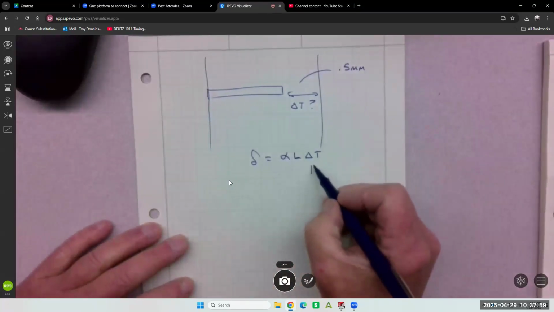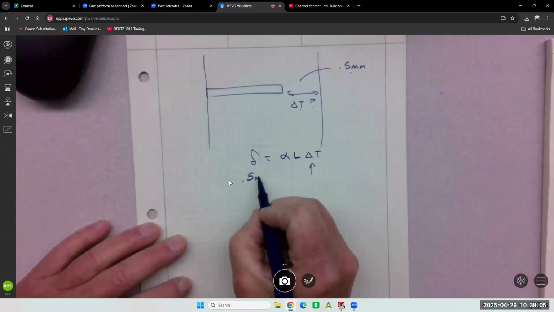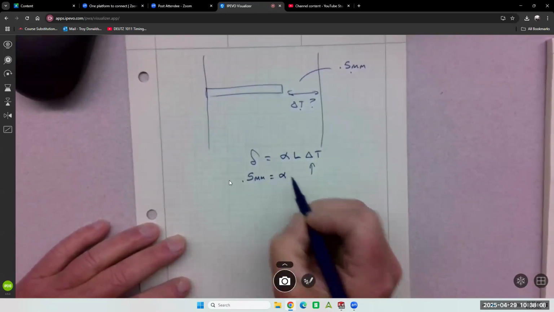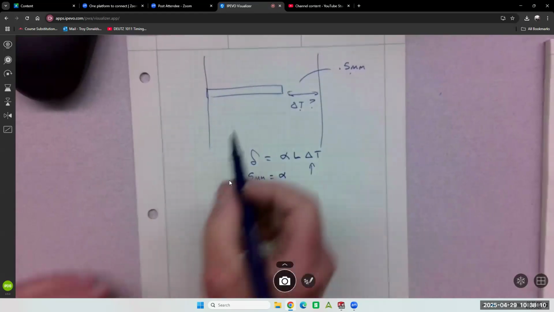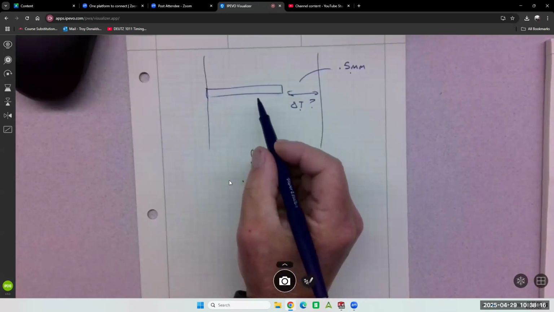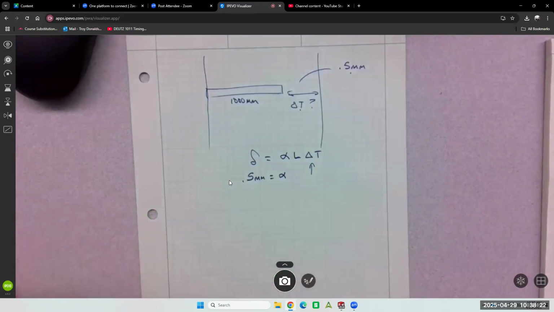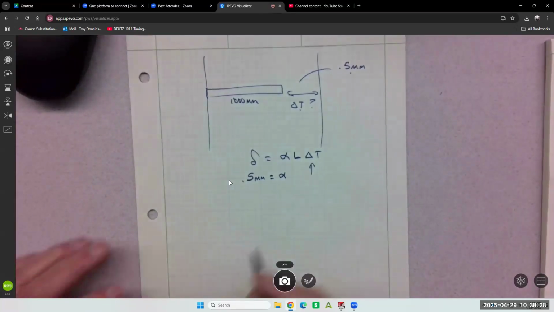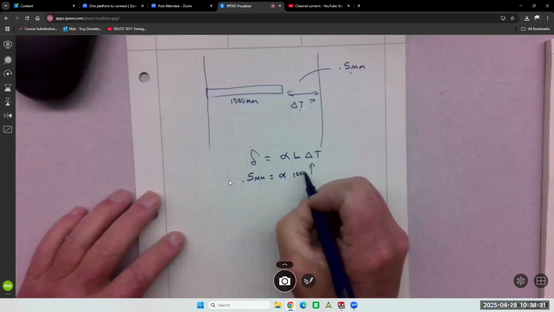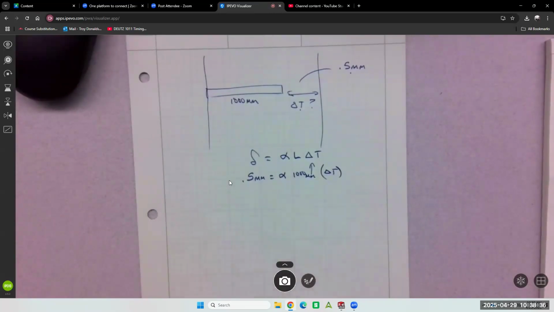What we want to know is how much delta T will it take to get to 0.5 millimeters. And how long was this? I think it was a meter. 1,000 millimeters, or 1 meter, and then 0.5 millimeters. So 1,000 goes in here, and then delta T.